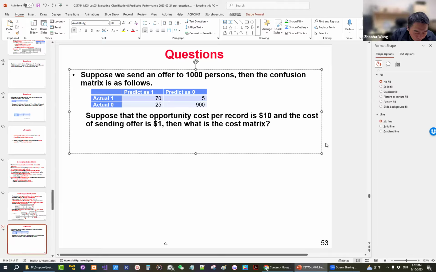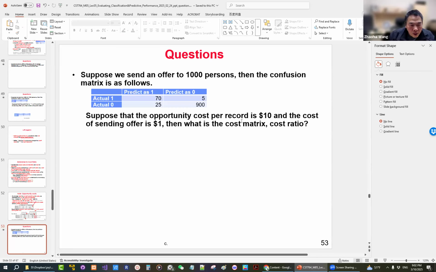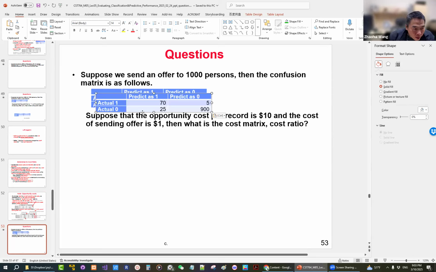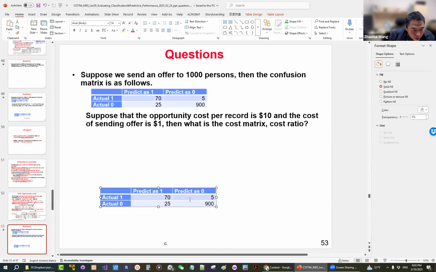And also we can calculate the cost ratio. So the result will be 5 times 10.